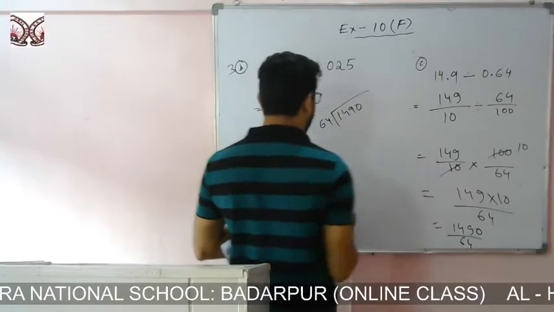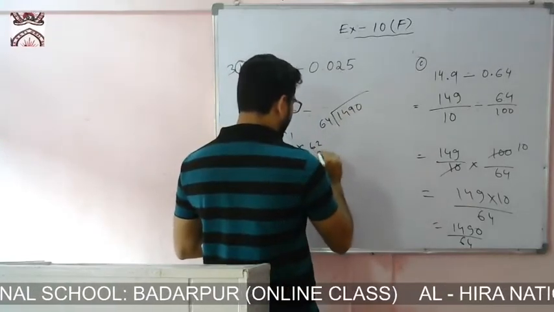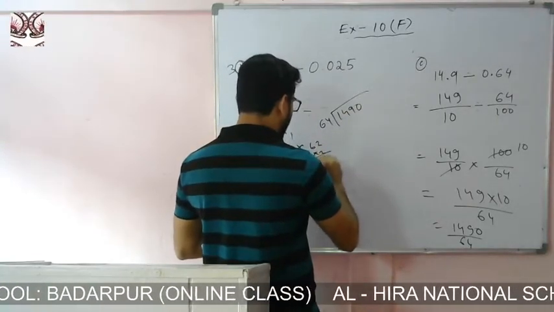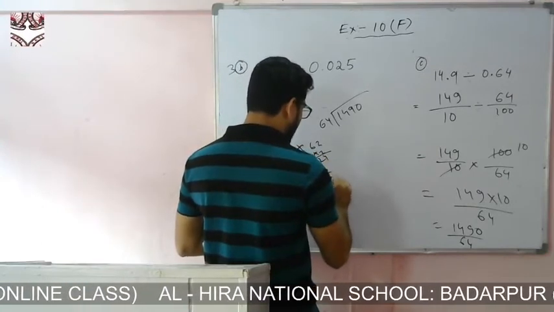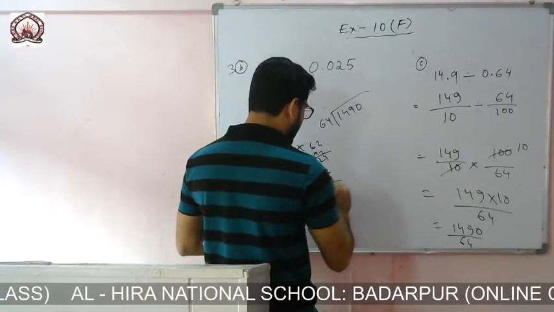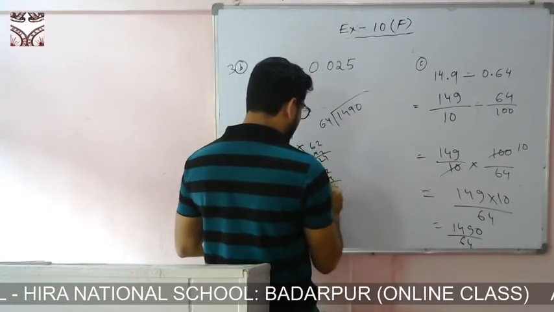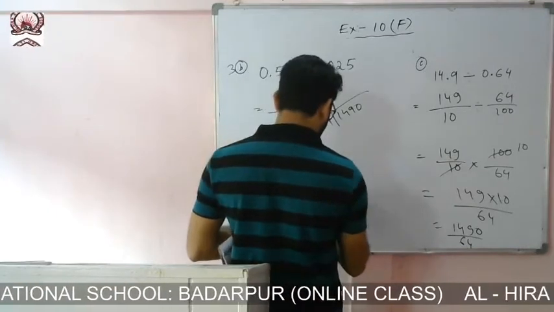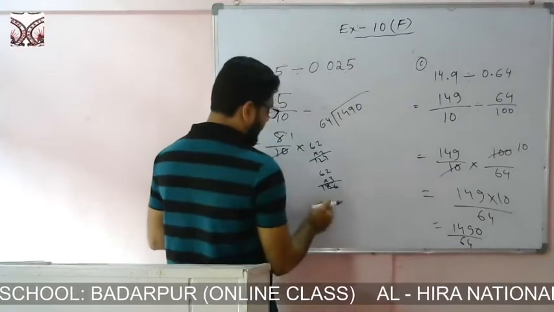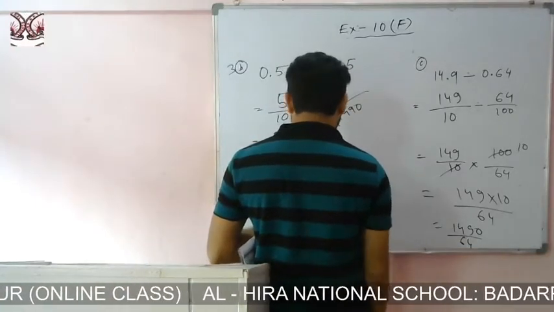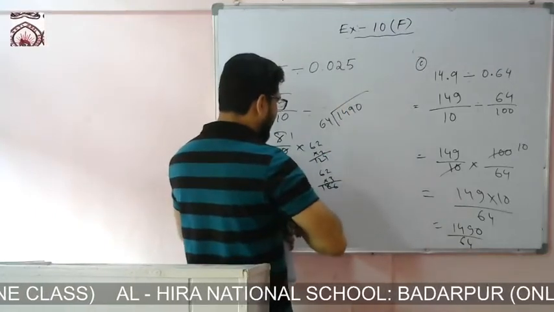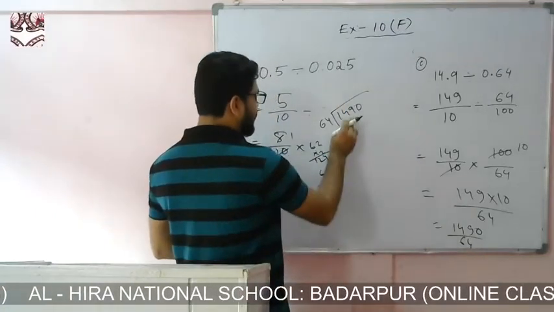Okay, let us check. 64 2s are how much? 2 2s are 4, 6 2s are 12, so 124. And 3s: 64 into 3, what comes? 3 2s are 6, and 3 6s are 186. So we are getting 186, which crosses 149.